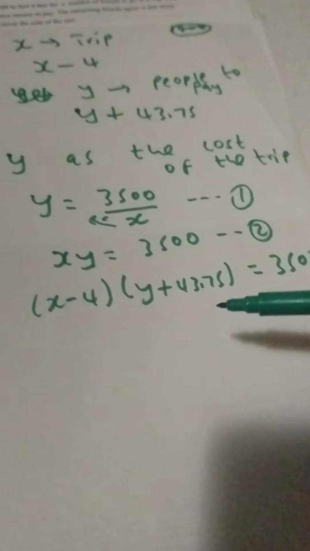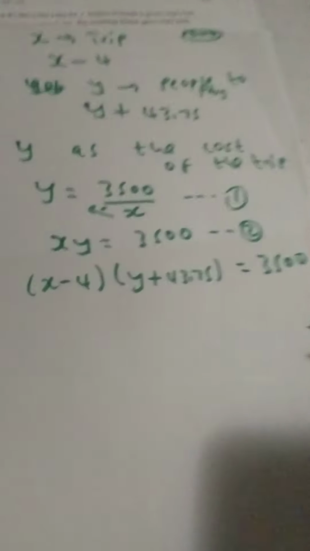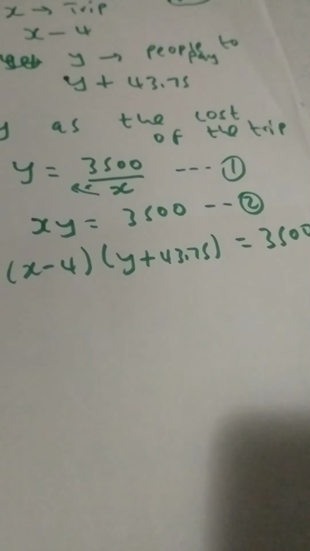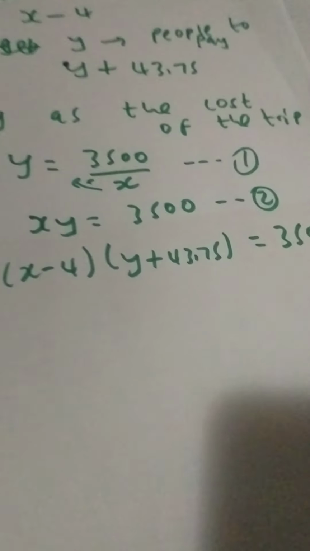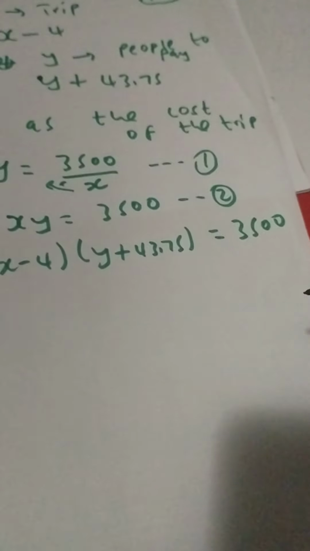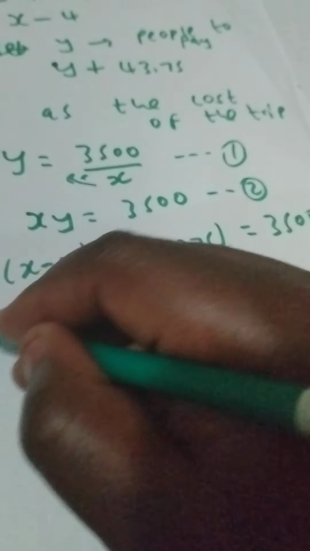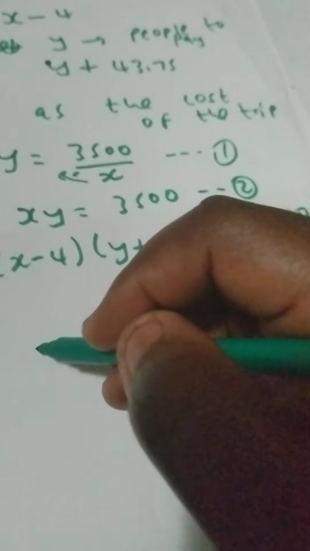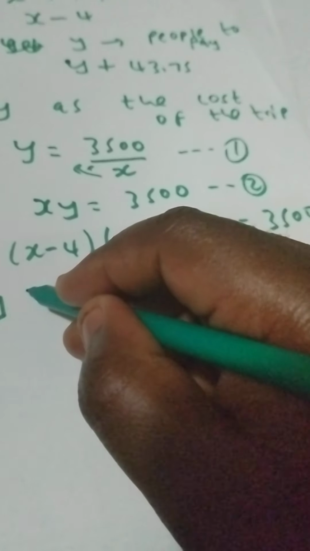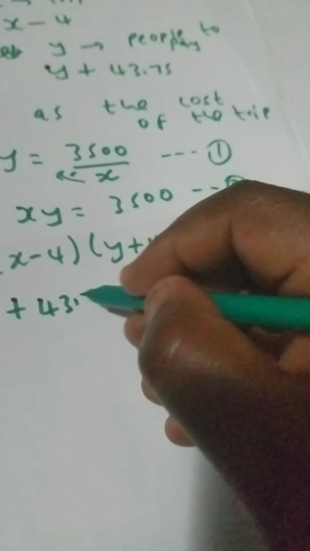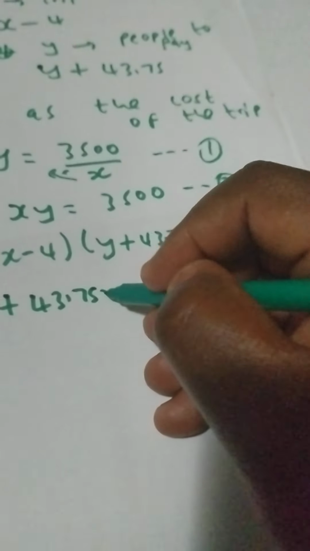I want to do as much as I can algebraically, because this question is testing the brain. I'll be lying if I say it was straightforward. So now let's expand. X times Y will be XY, which we already have. X times 43.75 will be plus 43.75X.